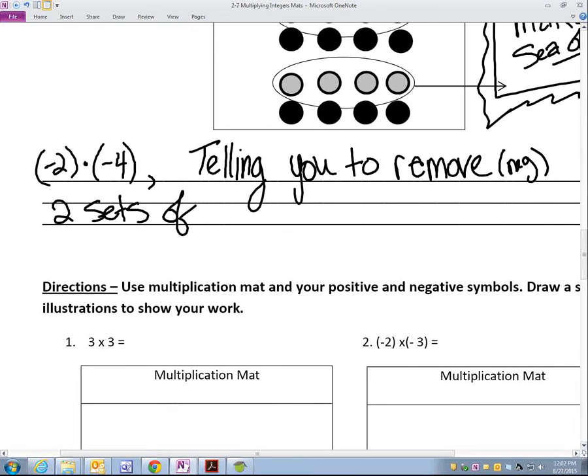How many of those negative circles? Yes, there we go. Okay, 2 sets of negative 4 integers, or circles as Nikolai liked, which is true.